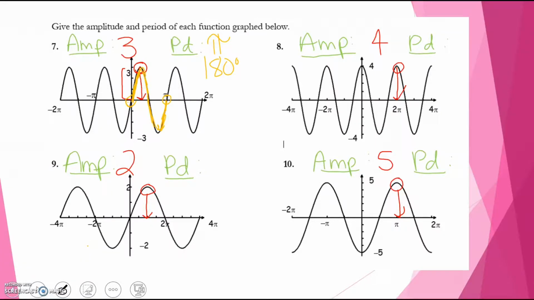So then the period. From the axis, I start at the very top of the curve, and then to get to the top of the next curve, it's 2 pi, or 360 if you prefer degrees.